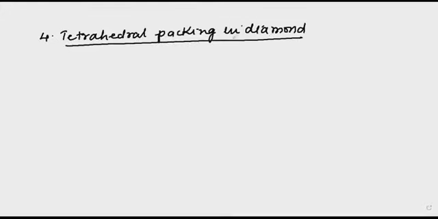Clear? First of all you must find out the actual structure of it. So we draw it and you see it very sincerely. What is the actual arrangement of it? This is the primary unit cell you see over here.